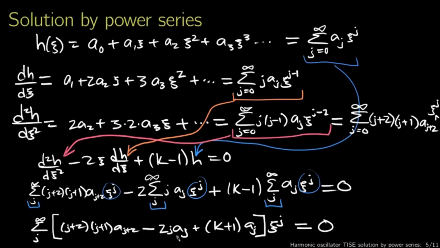So this is what I get if I substitute in the power series solution for h in this differential equation. The nice part about the way I've manipulated the sums now is that the c to the j has been factored out. So this number in these square brackets represents the coefficient that is multiplied by c to the j power in my power series.